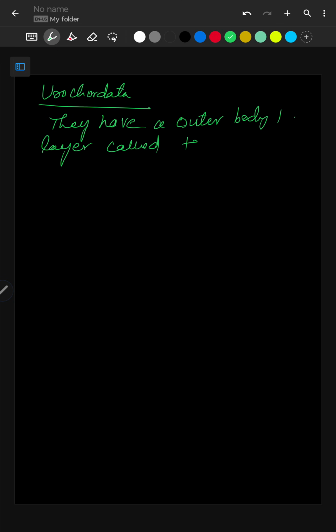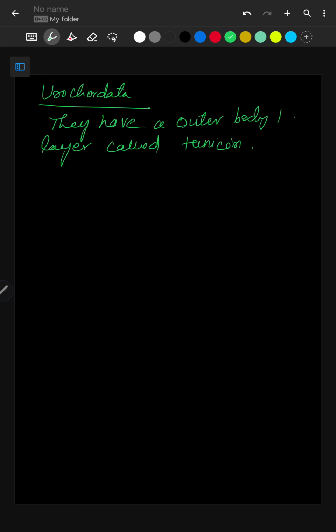They are called Tunicata because they have an outer body layer called tunicin.